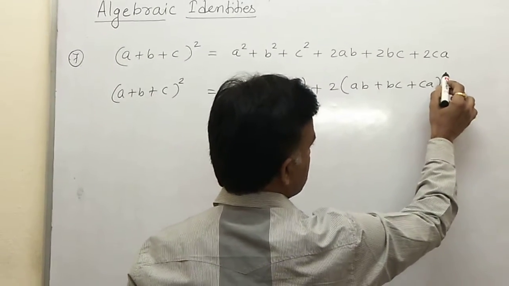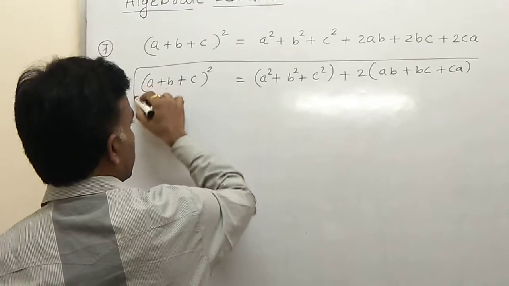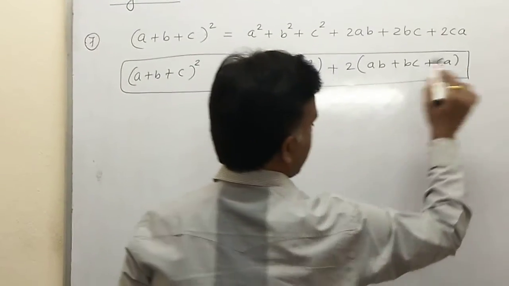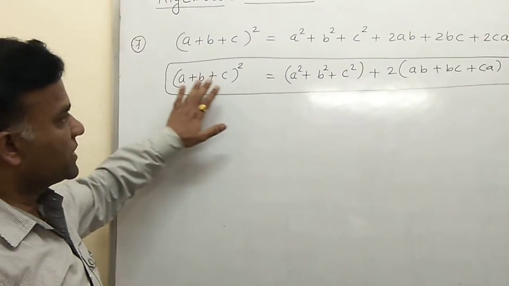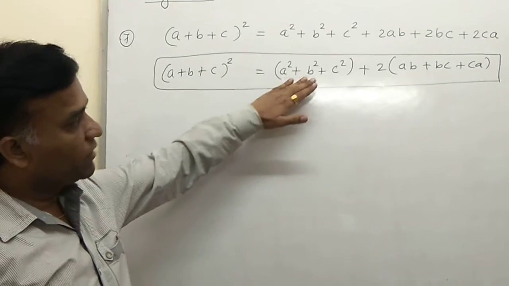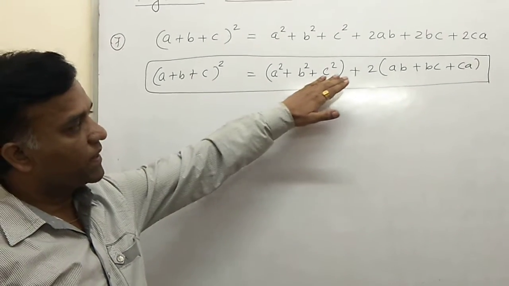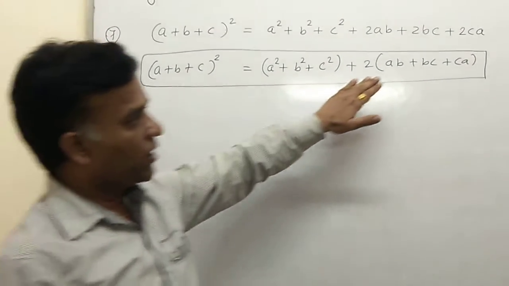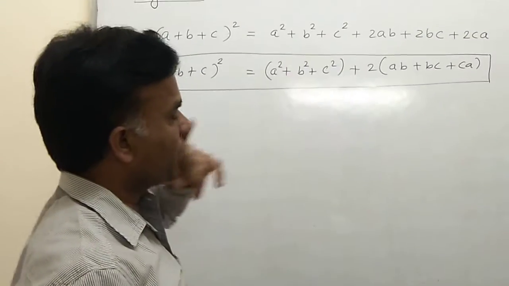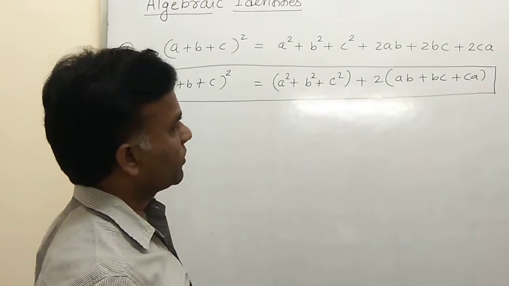Okay, so there are many options in which you can find the value. For example, if a plus b plus c is given, then find the value of a square plus b square plus c square, or maybe find ab plus bc plus ca. So many options are here, and you use them to find the value.